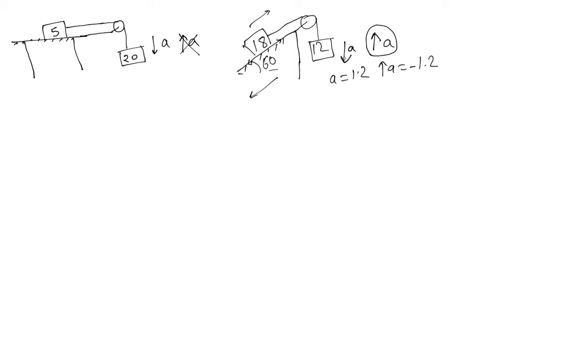So if you start by solving a problem and it turns out that A is a negative number, then you cannot really say it's just the reverse. That means you started with the wrong direction of acceleration, and you need to resolve the problem with the right direction of acceleration, right?